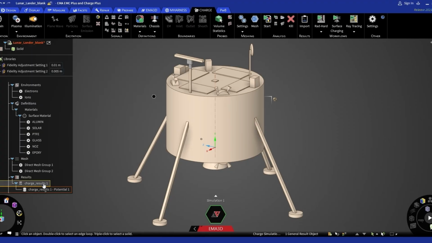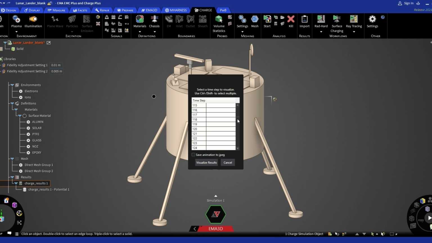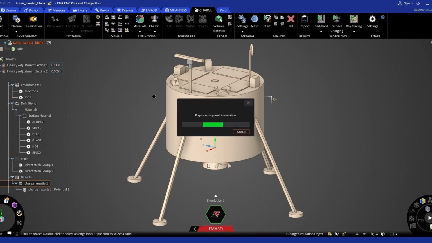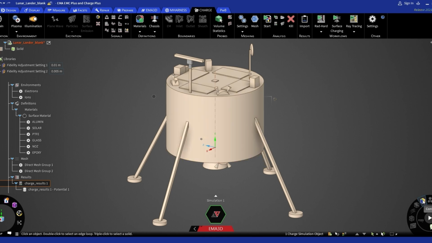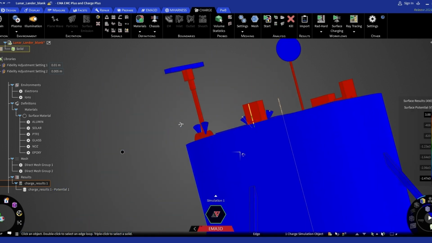In the Ansys Charge Plus user interface, you can load the results very efficiently and visualize those fields once you reach the steady state solution of the solver. We are using a state-of-the-art visualization tool to be able to look at the potentials at the surface, which will vary depending on the material that we're choosing, and also at the electromagnetic fields.